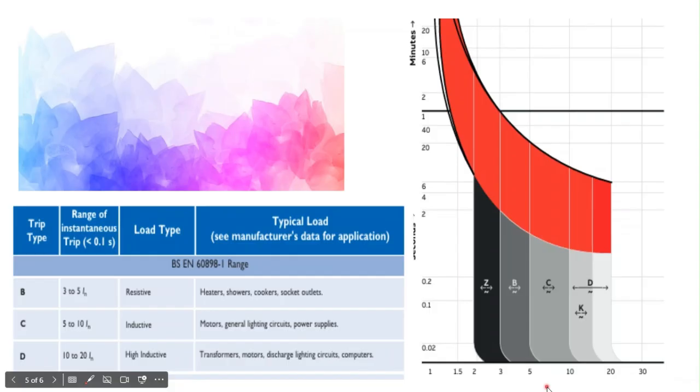Rather than that, if it were a simple graph, a linear graph, this is 1, then somewhere it is 2, then somewhere here it would have been 3, then 4, then 5. We would not have seen even up to 30 ampere current in this area. So to see that larger value, we have made it in a logarithmic scale.